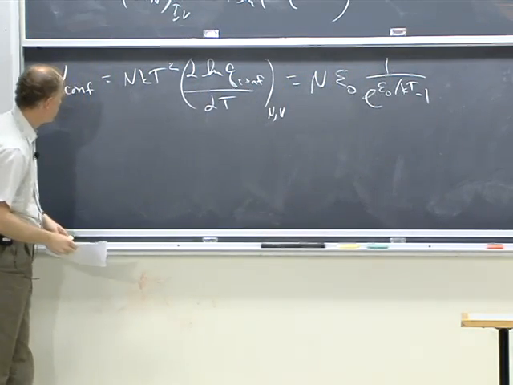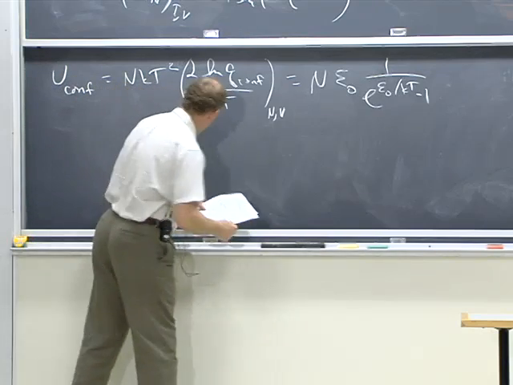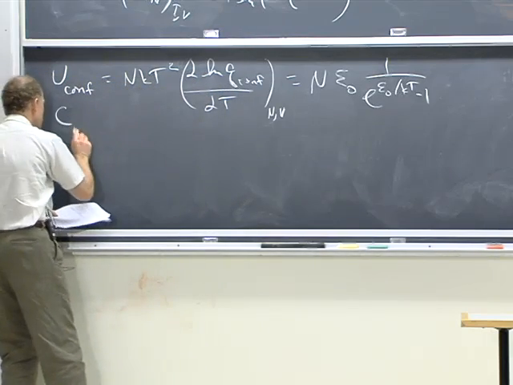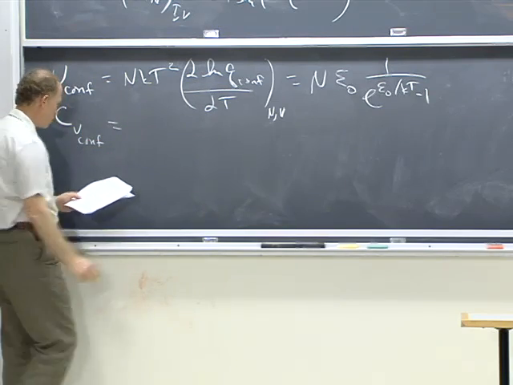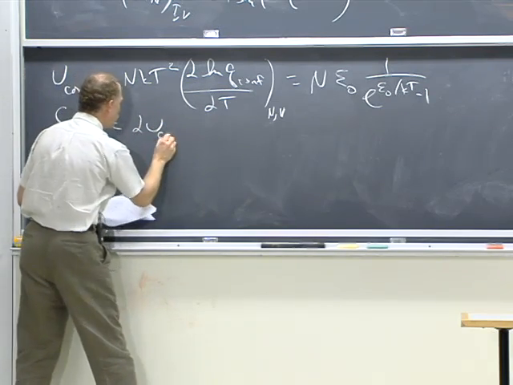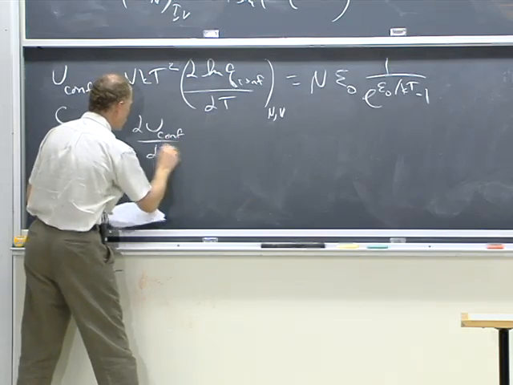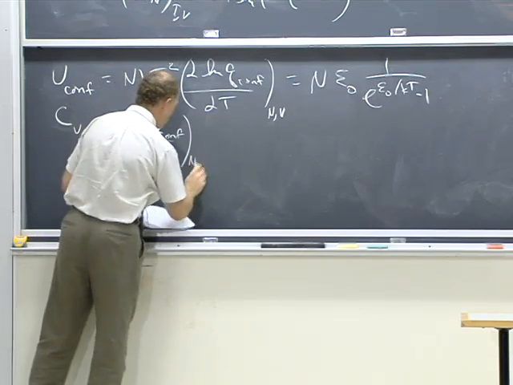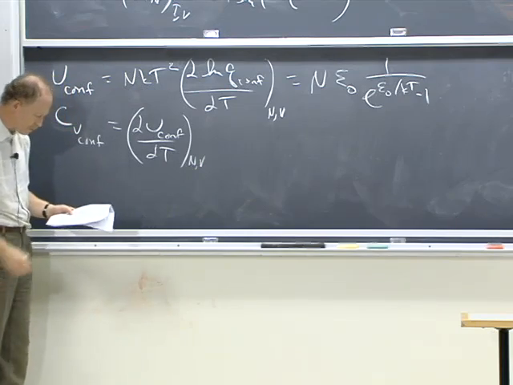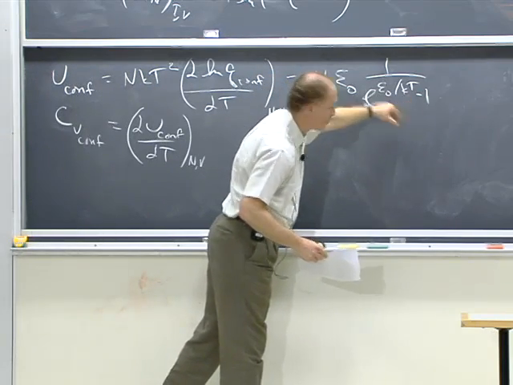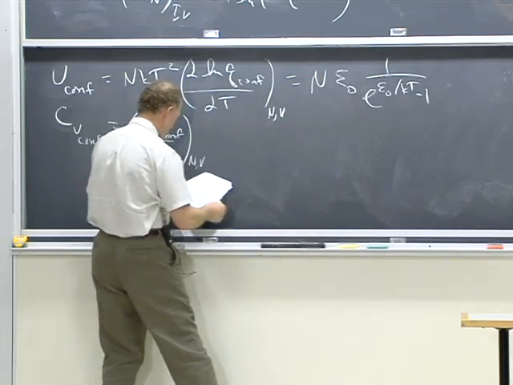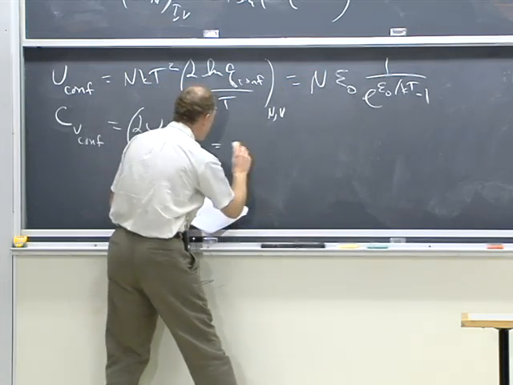Okay, so now we can look at the heat capacity, C_V configurational. So it's dU configurational dT at constant N and V. And taking this derivative with respect to temperature gives us an expression of the following form.